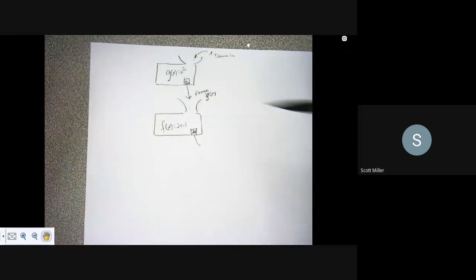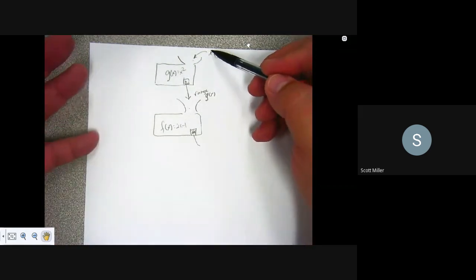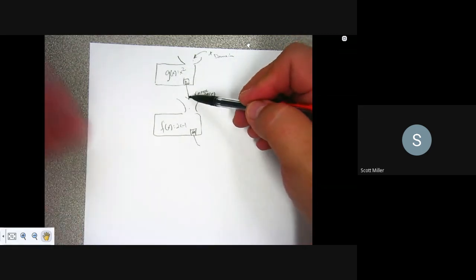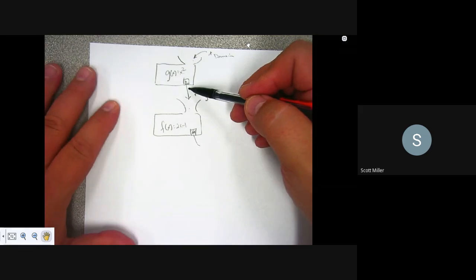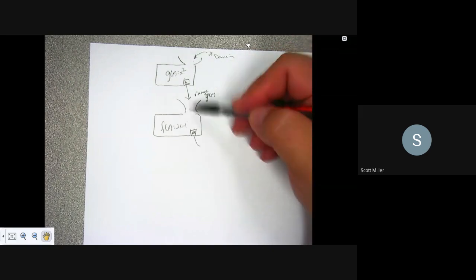Now, the beauty of what we have in this one is every number works in this one. I can plug in any number into this. I have no problems. When I square it, I'm only going to get 0 and above. I'm not going to get any negative numbers. Okay? But what can I plug into this one? Well, I can plug in every number I want. There's no restrictions on this one either. So it doesn't matter what goes into it.